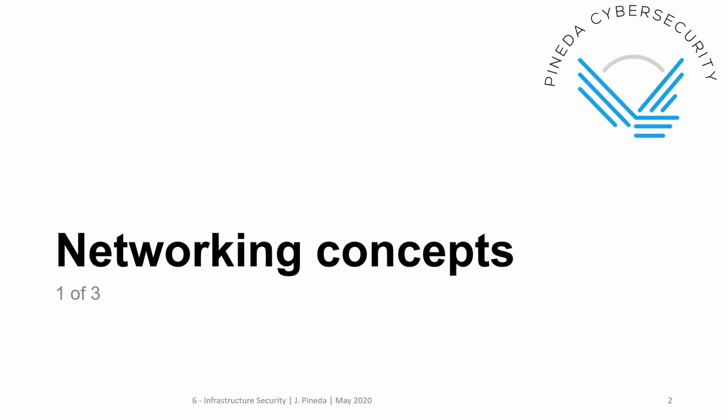Hi, this is Justin Pineda, and for this session, we're going to discuss Module 6, Infrastructure Security. So first off, to understand more how to defend the network and the infrastructure, we have to understand some networking concepts. And we'll try to simplify it so we can proceed to the security aspect of it.